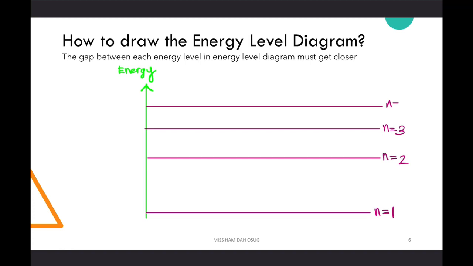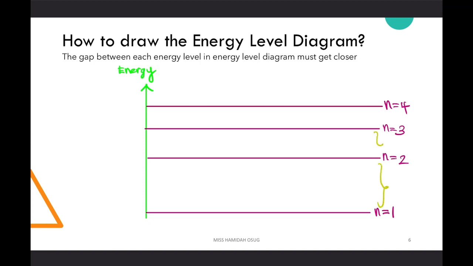Persoalannya sekarang, bila kamu boleh berhenti untuk lukis energy level itu? Itu bergantung kepada soalan. Kalau soalan itu energy levelnya sampai energy level 8, kamu lukis sampai 8 sajalah. Tapi kalau soalan itu sampai 5, kamu lukis sampai energy level 5.